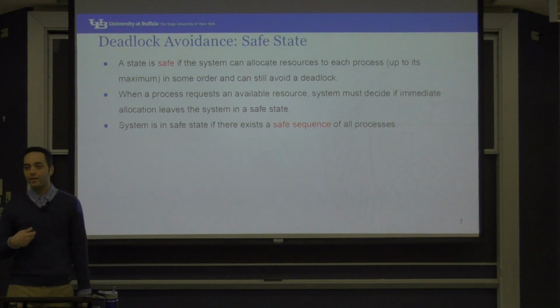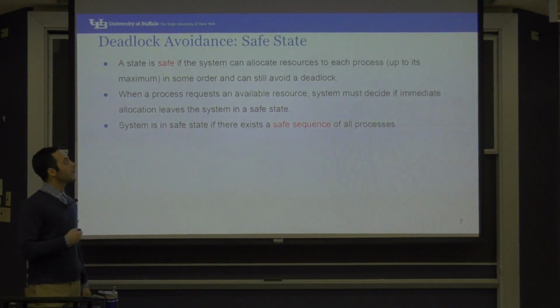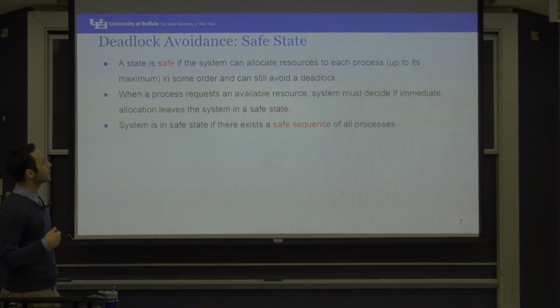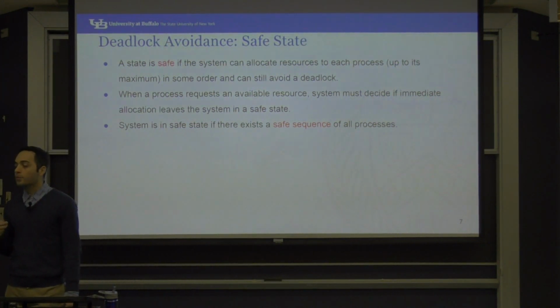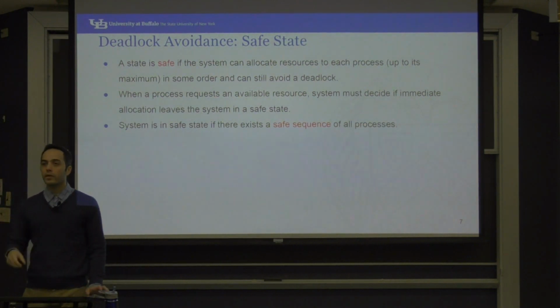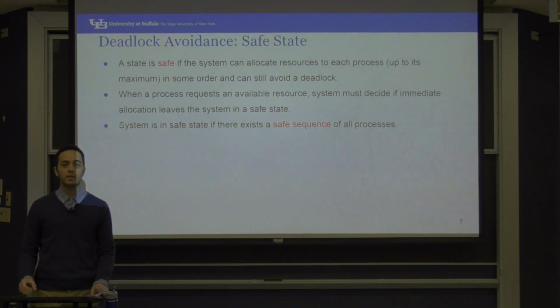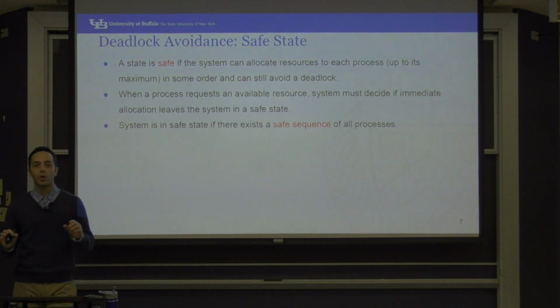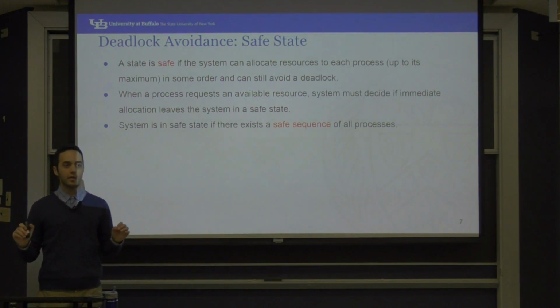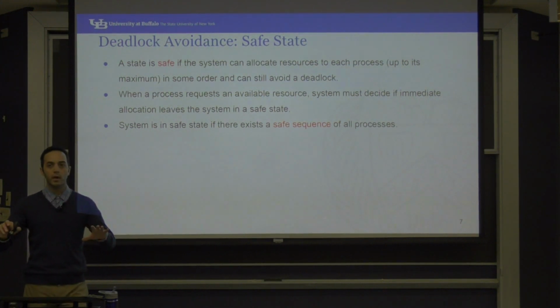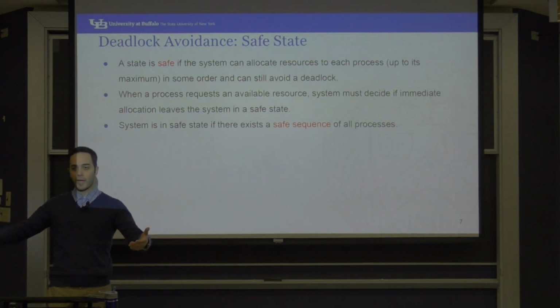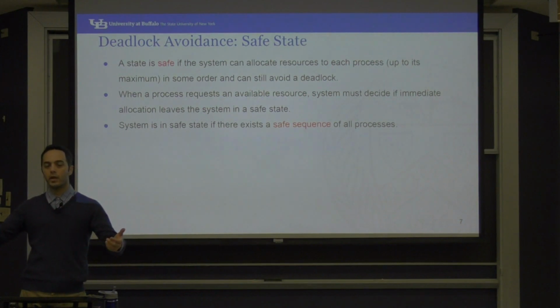So a safe state is basically when a system can allocate resources to each process up to its maximum in some order without any deadlock, not necessarily at the same time. So we are in a safe state if, at the moment, whatever the processes are on the system and they have declared a maximum number of resources that they want, right?